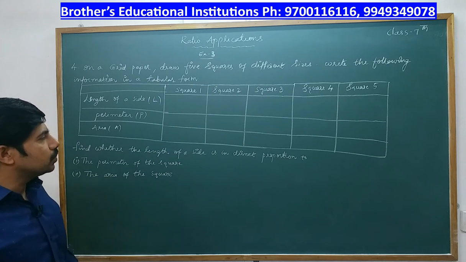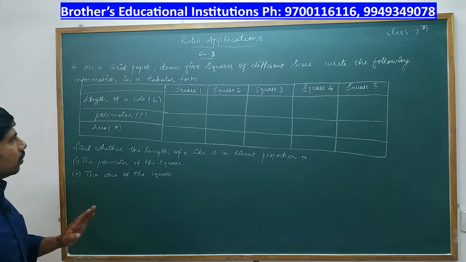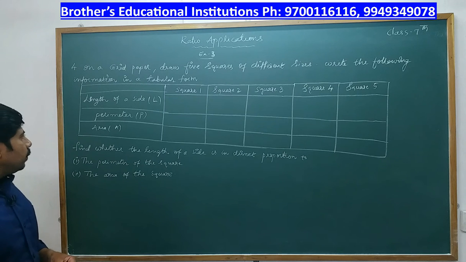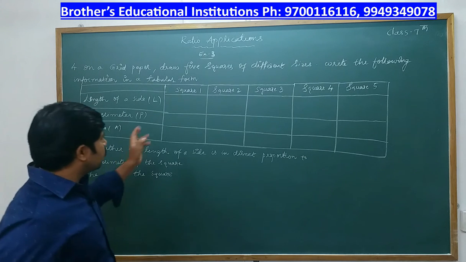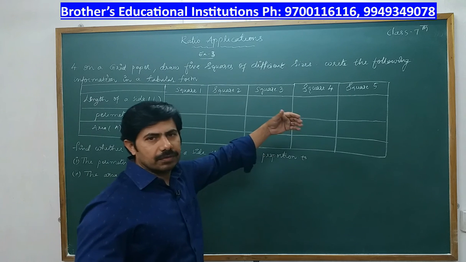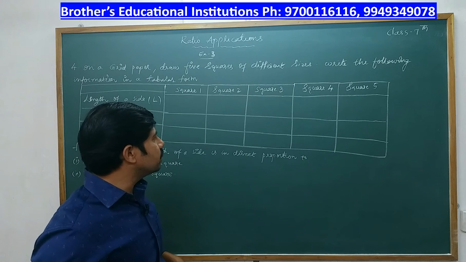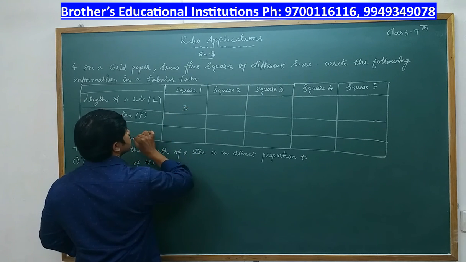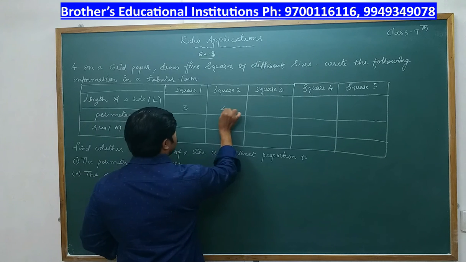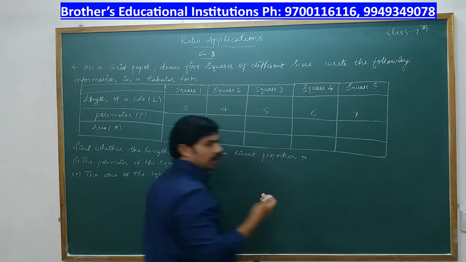To check, we will solve the problem not on a graph, but normally. We assume the side of a square; any length we can assume. So we will assume measurements like 3 centimeters, 4 centimeters, 5, 6, 7, anything we can take.